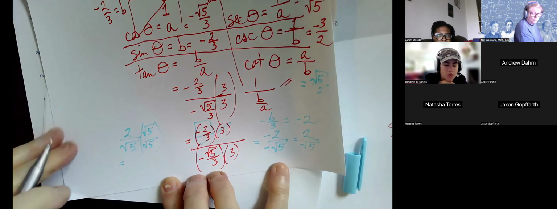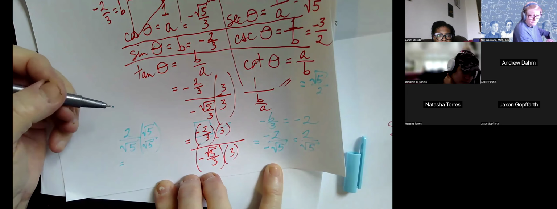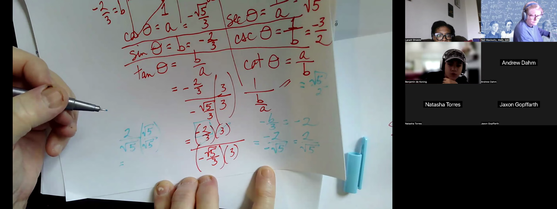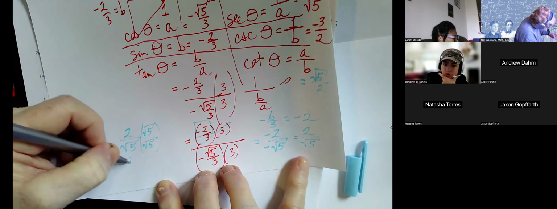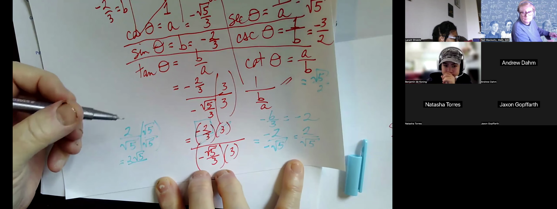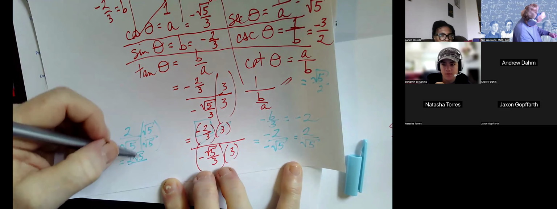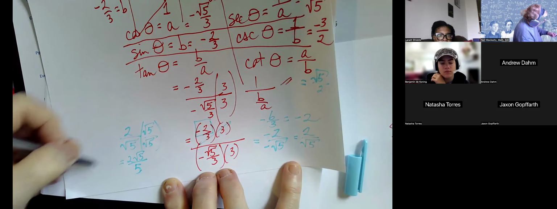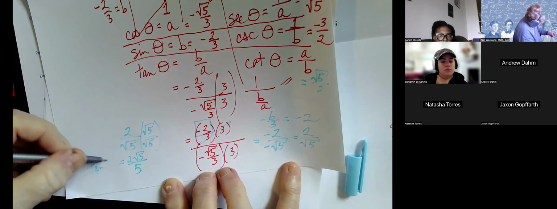And in the numerator, we'll get 2 square root of 5, and in the denominator, 5. Okay. So here's the tangent of theta.